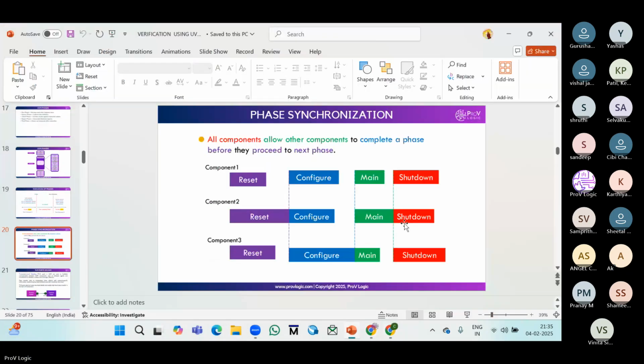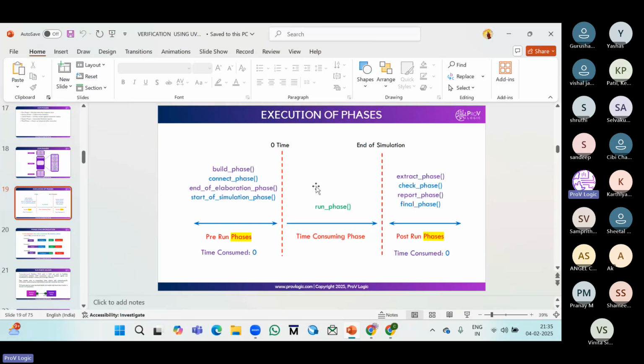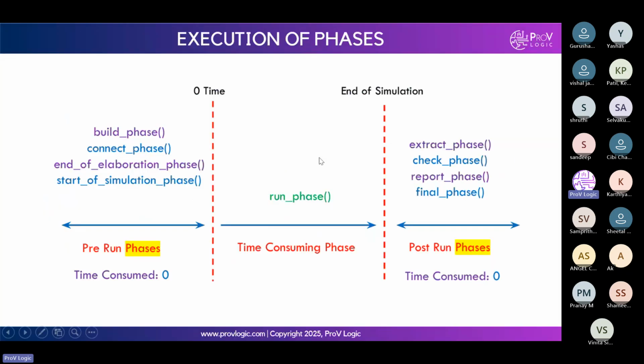What I am telling is that I'm comparing the SystemVerilog testbench and the UVM testbench. In SystemVerilog, we don't have any phases. We have tasks. Everything we write in a task. So what is the limitation we are facing there? Like event regions, everything will not execute in parallel at a time.